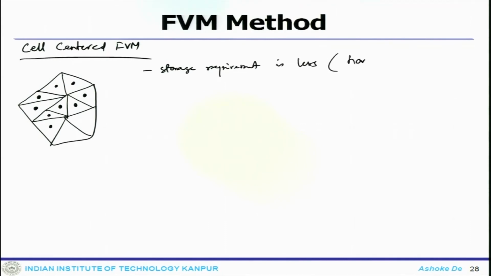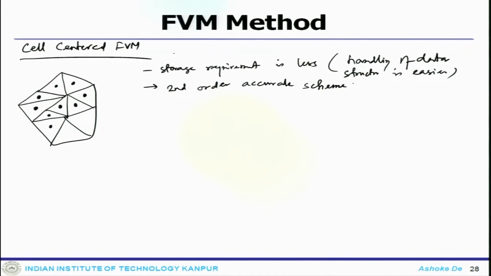So, essentially the handling of data structure is easier, because only thing you need to know the connectivity amongst the neighboring cells. Okay. Also this gets you back second order accurate scheme. So, in general the cell center algorithm actually gets you the second order accurate scheme. So, that is a good advantage of these things.